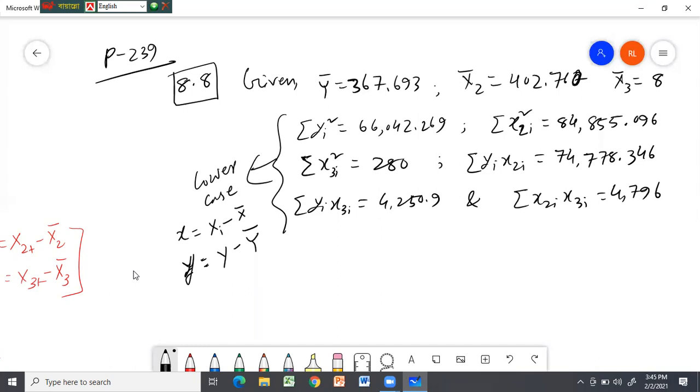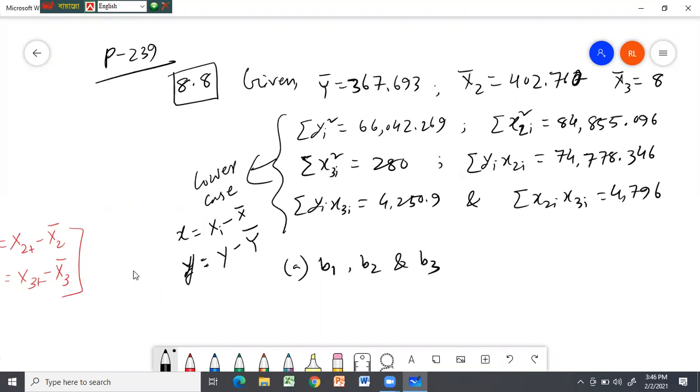And then in requirement number A, you have been asked to estimate the 3 multiple regression coefficients. That means you have been asked to estimate the value of B1, B2, and B3.